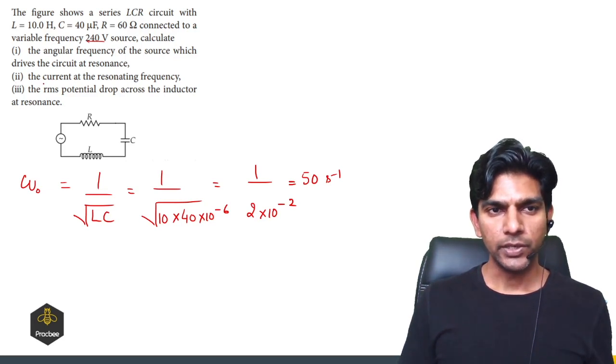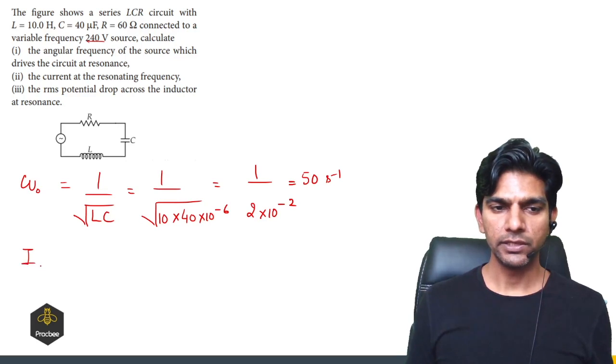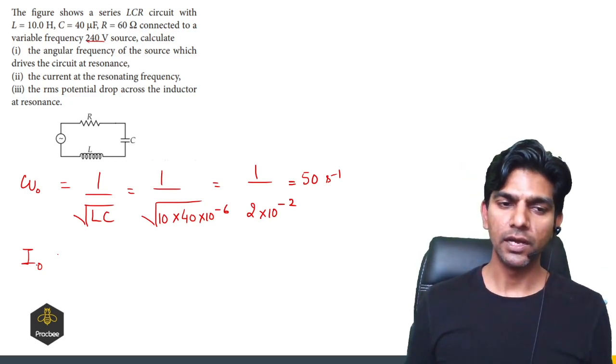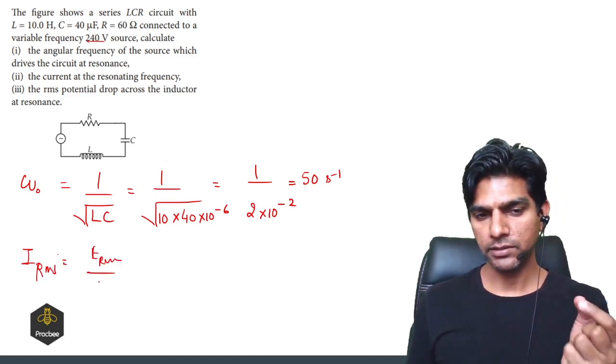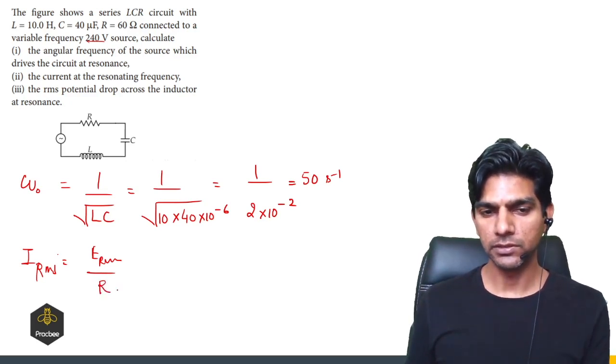Now the second part is the current at the resonating frequency. So what is the current? Whenever we have to find current, you should always find the RMS current. So the RMS current will be ERMS divided by impedance, and this impedance at the resonating frequency will be nothing but resistance.